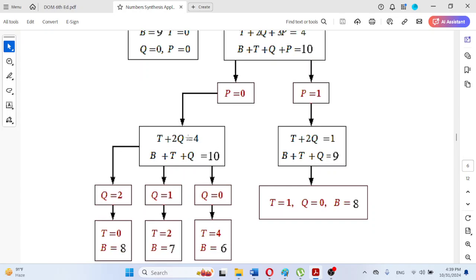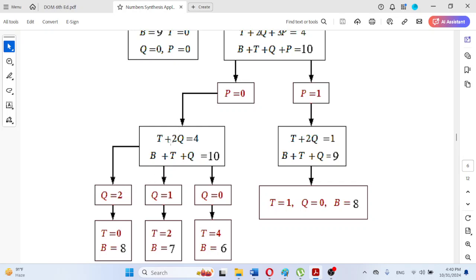Here T plus 2Q is equal to 4, the highest order link is Q, and we start from this Q. Q can assume these three values, because Q can be 0 or 1 or 2, and Q cannot be greater than 2. I am repeating this procedure again and again so that students will memorize it.